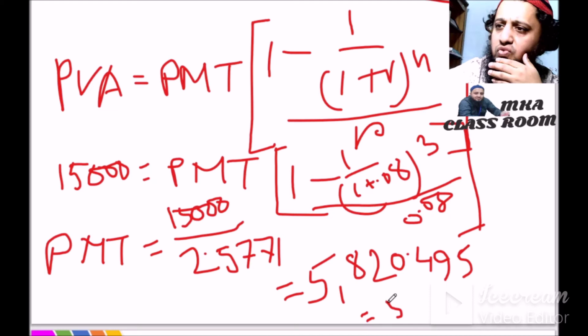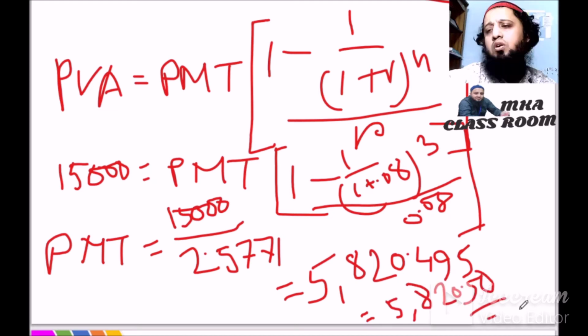So this should be our installment, 5,820.50. If we pay this installment for 3 years, then our debt is fully repaid, and this debt contains 8% rate of interest.